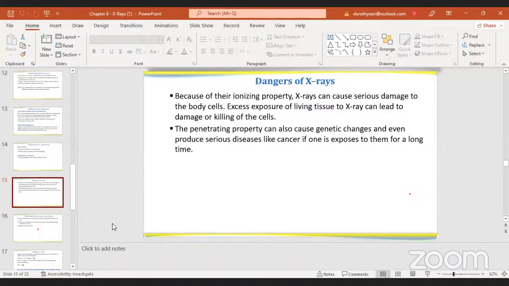X-rays can also cause genetic changes if one is exposed to them, and can also cause cancer. That is why there should be limitation to exposure, not for a long time.